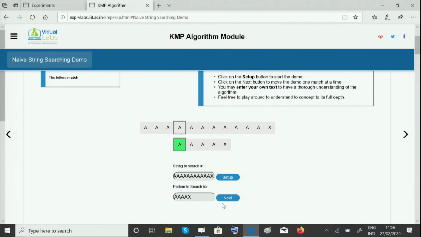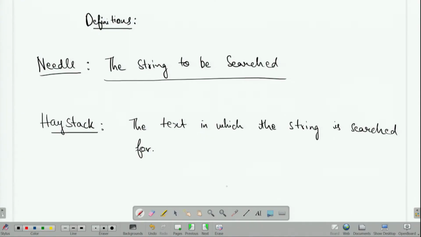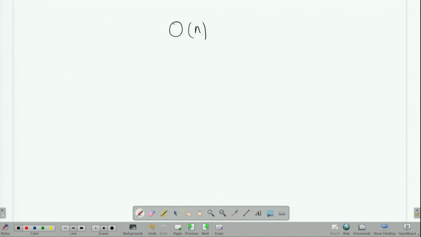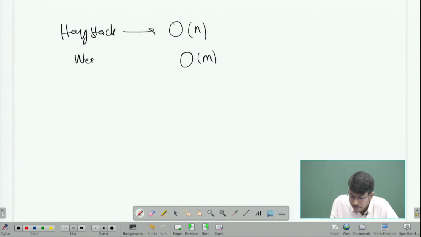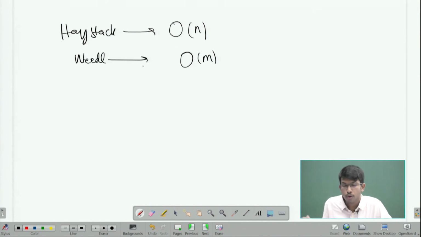Now let us look at the time complexity which the searching algorithm uses. Let's say the haystack is of order O of n and the needle is of order O of m.